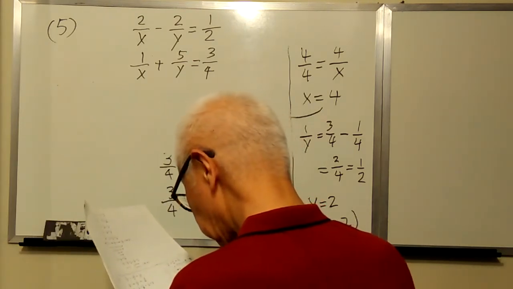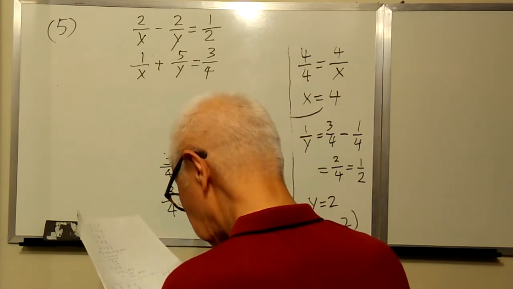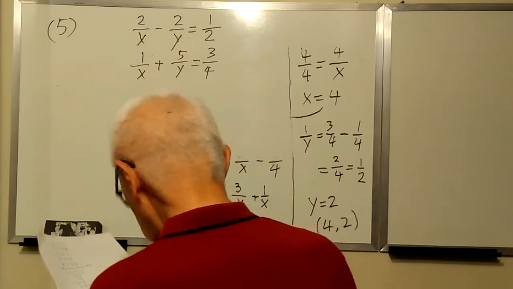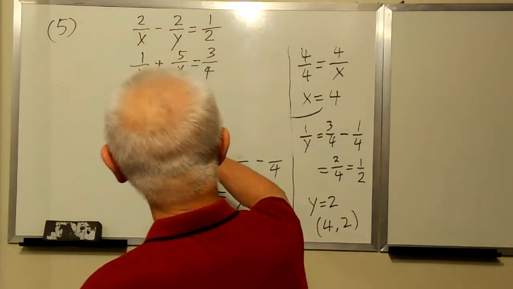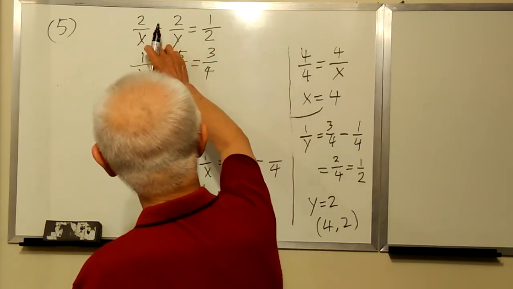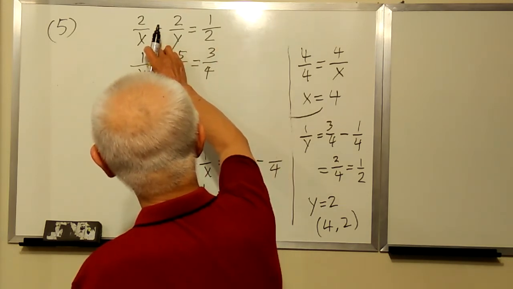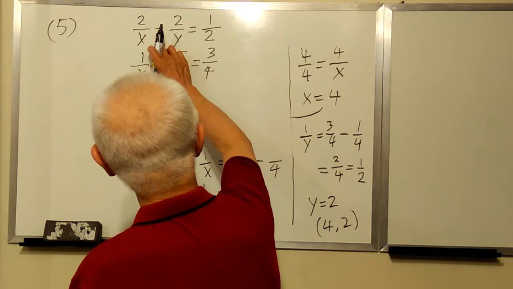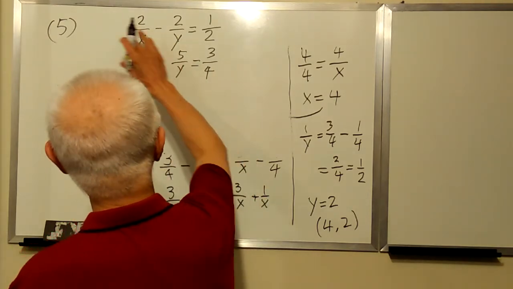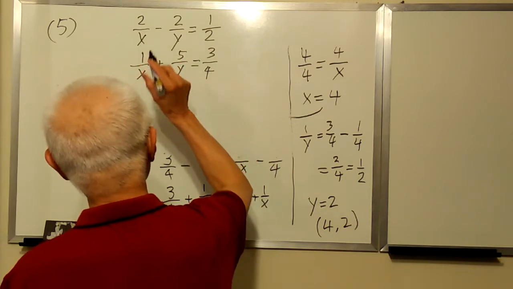Okay. Let's do this. Let's divide the first equation by 2. That is the same thing as saying multiply the first equation by 1 over 2.